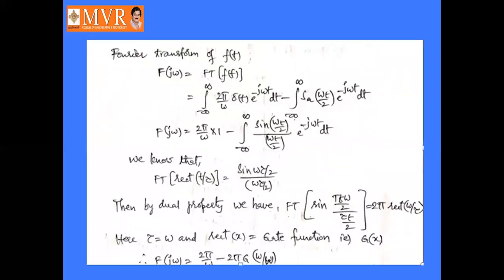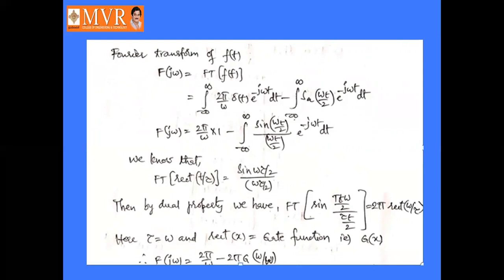So now we'll take the Fourier transform of f of t. F of j omega is nothing but the Fourier transform of f of t. So it is the integral from minus infinity to infinity of 2 pi by omega into delta of t into e power minus j omega t dt, minus the integral from minus infinity to infinity of Sa of omega t by 2 into e power minus j omega t dt.